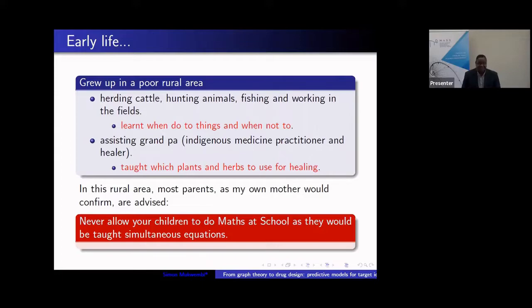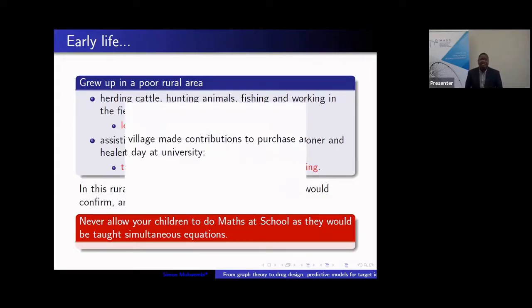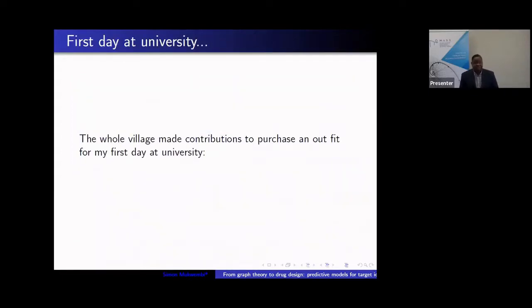And in this rural area, people would not want their children to do mathematics because they would say, well, they will be taught simultaneous equations, and they didn't like that. But nevertheless, I went on to do mathematics.